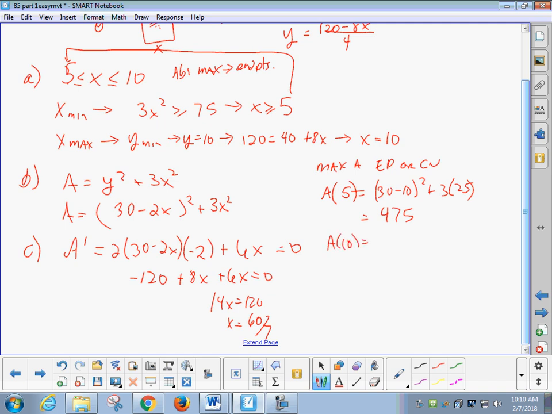A at 10 is 30 minus 20 squared plus 3 times 100. That's giving as much as possible to the square and least possible to the rectangle. Actually, switch that. So that's what, 100 plus 300, so that's 400.